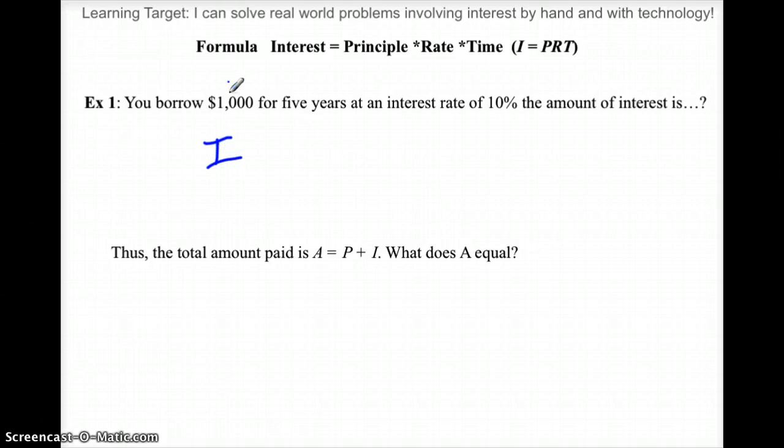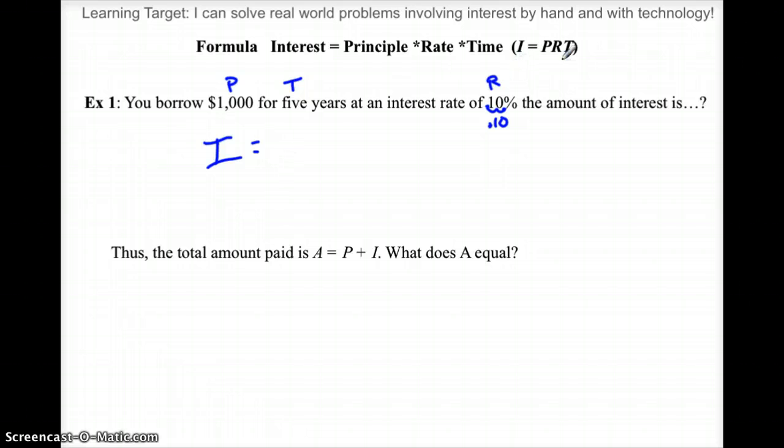$1,000 is the amount of my loan, so that's my principal. 5 years is the term or the time, so that's my T. My interest rate, which is R. But we have to convert our interest rates from percents to decimals, so it's really going to be 0.10. I'm going to plug in as my rate, or just 0.1.